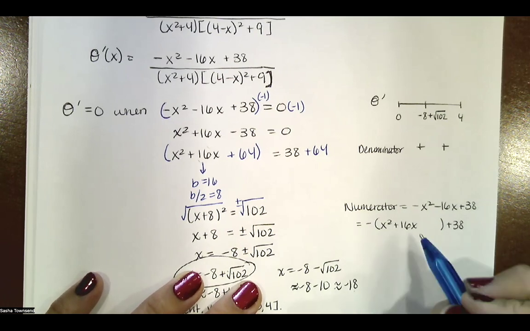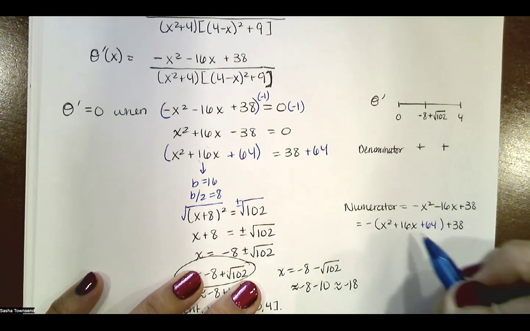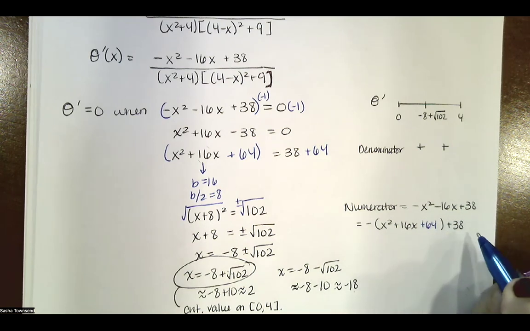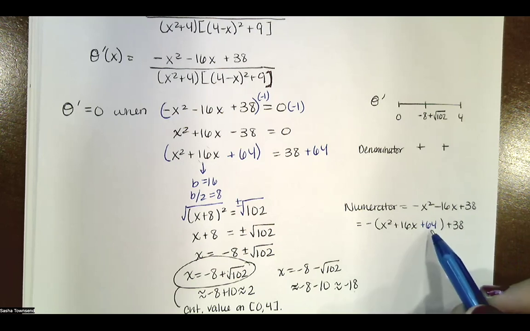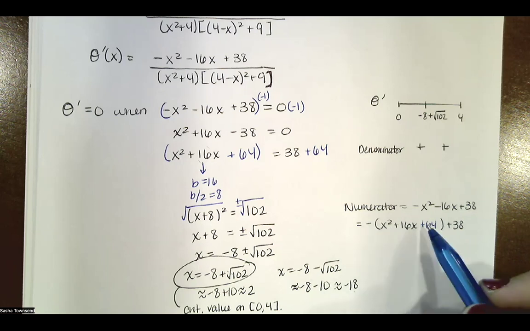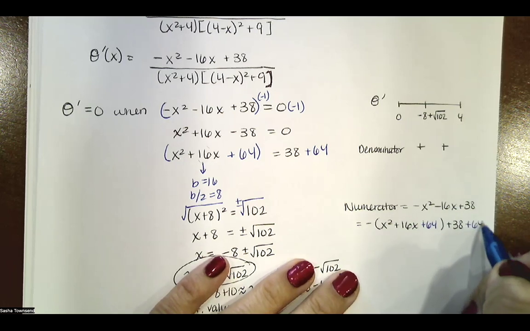If we take half of 16 and square it, that's 8 squared is 64. We can add that 64 in the parentheses as long as we also compensate for that. Now, be careful, adding 64 in the parentheses actually added negative 1 times 64, or added a negative 64 to the numerator. To compensate for adding a negative 64, we have to add a positive 64.